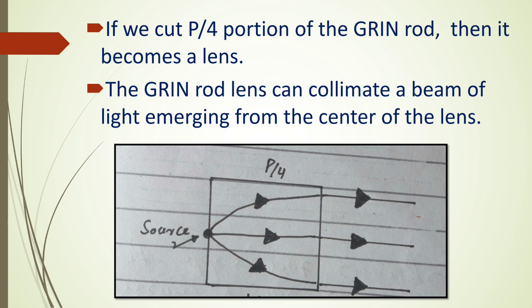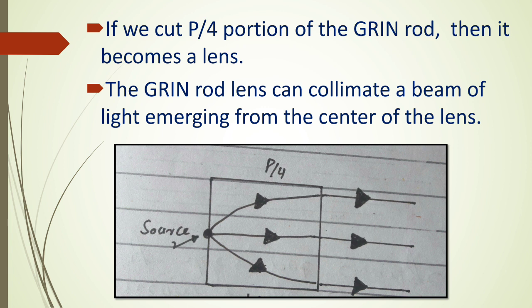You see, the source is located at the center of the lens. The source radiates the energy in the form of a cone. The central ray will not change its direction.